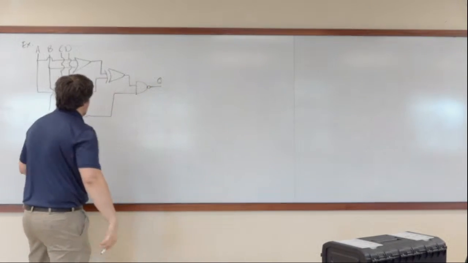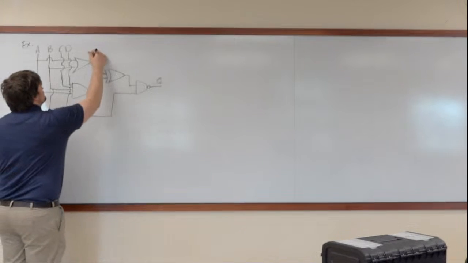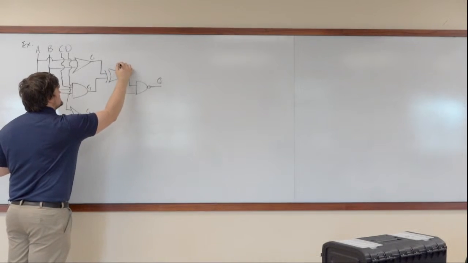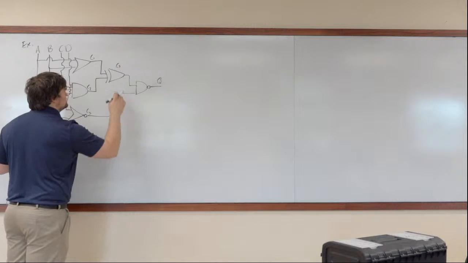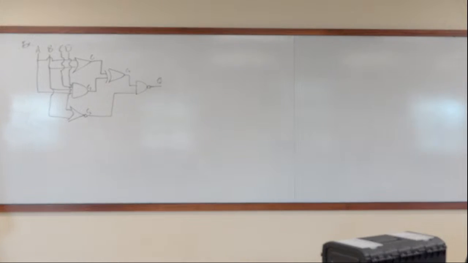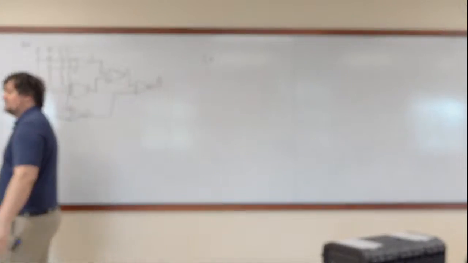So, now that we've written out all of our logic gates, here, this is C1, this is C2, this is C3, this is C4, and that's Q. Now what we can do is take each of these and write them as their logic statements. So what is C1 equal to?